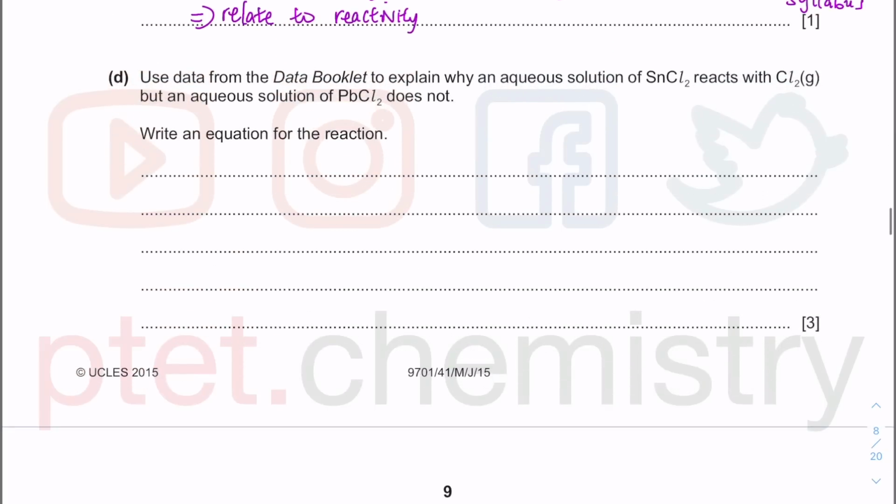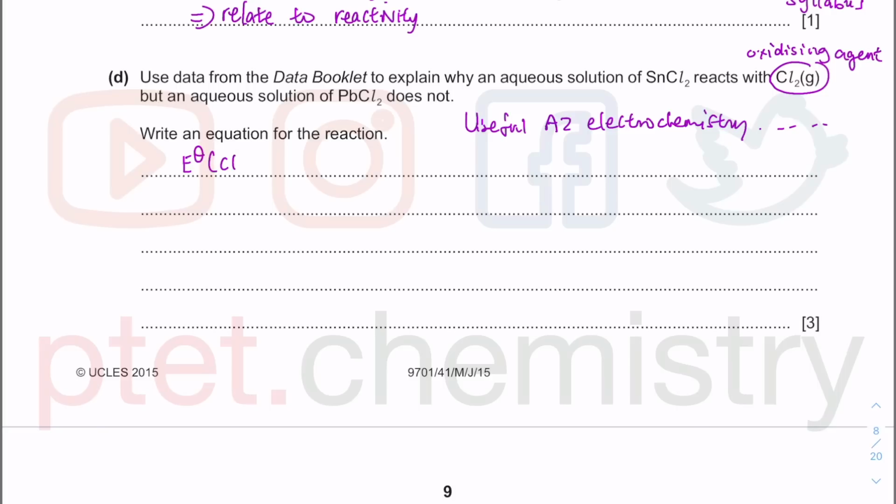All right. As for this chemistry, this is actually quite a useful A2 electrochemistry question. What you need to do is we need to know that Cl2 is an oxidizing agent. That's straight from your AS chemistry of halogens. So when that is true, if we look at the E0 value from the data booklet, what does the Cl2 give me?